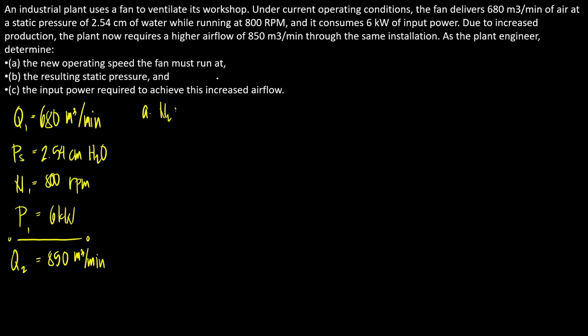So N2, because we have N1. Here we have a shortcut. We have N, then diameter, and then the density.